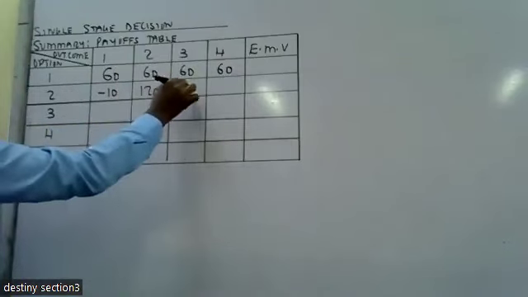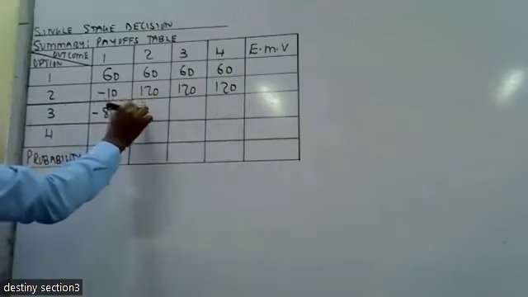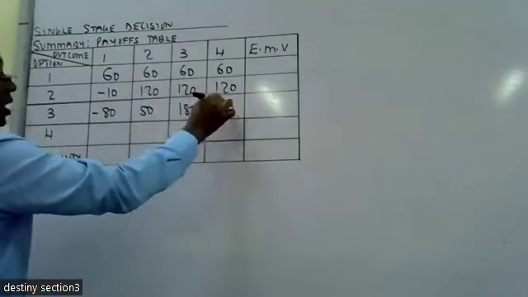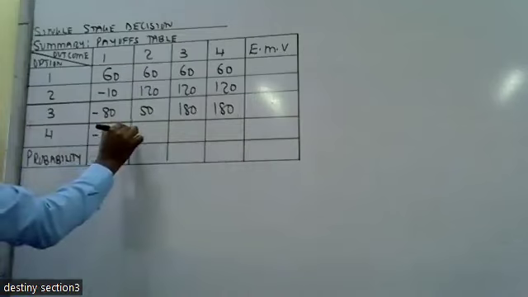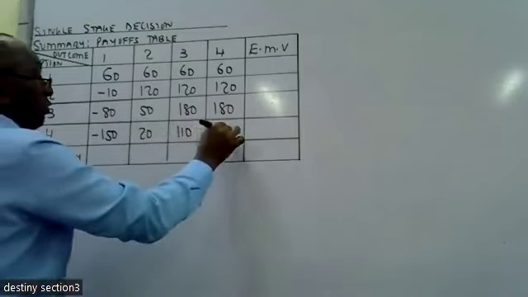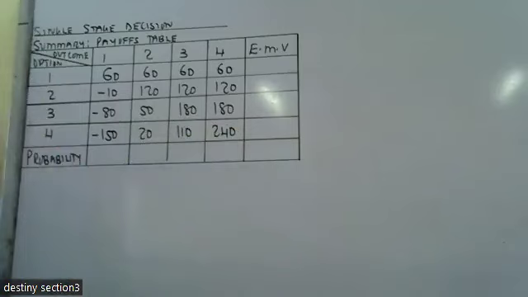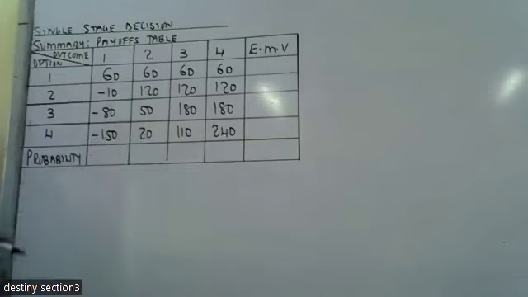Then 120, 120, 120, followed by minus 80, followed by 50, then 180 and 180, then minus 150, then 20, 120, and 240. Hiyo 20 sema ni negative 20.